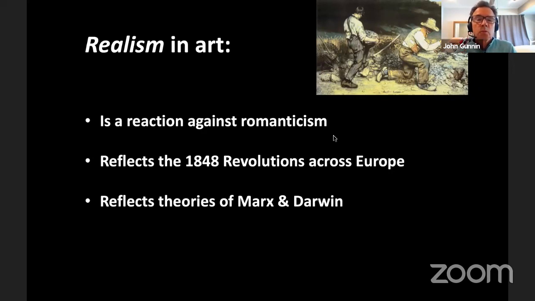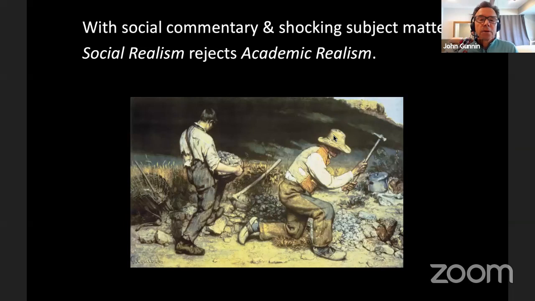This work is reflecting the 1848 revolutions across Europe and the theories of Marx and Darwin that were coming out. Especially, Karl Marx wrote the Communist Manifesto a year before this painting was done, and that work talked about the struggle of classes and how one class exploits another.